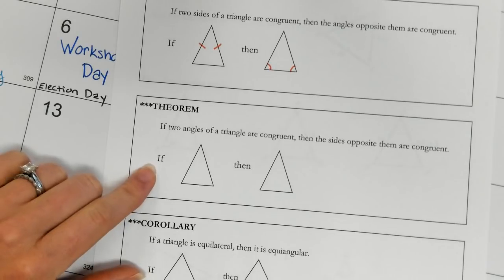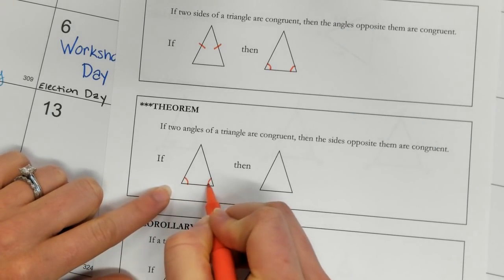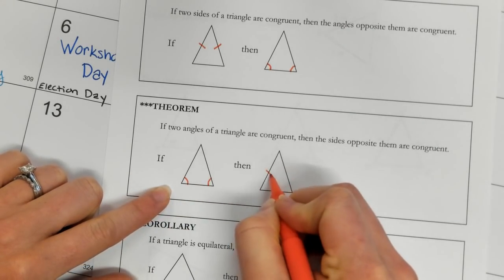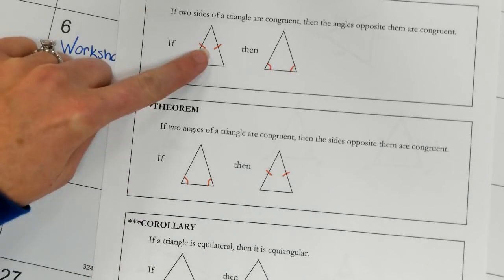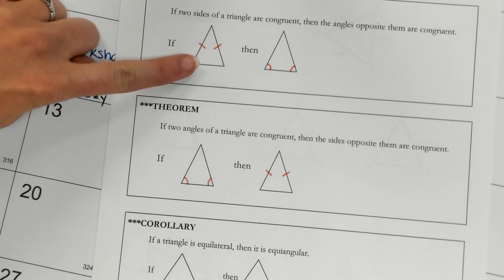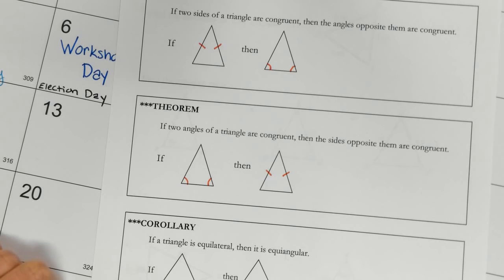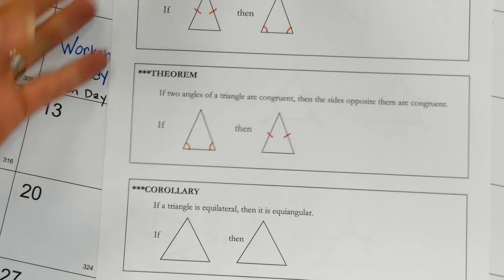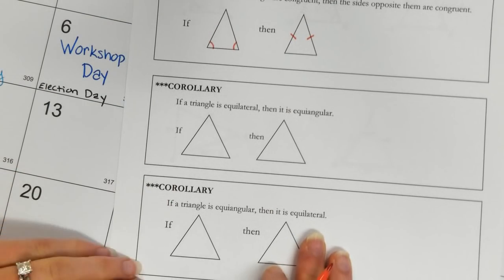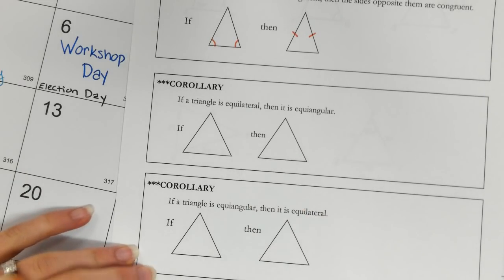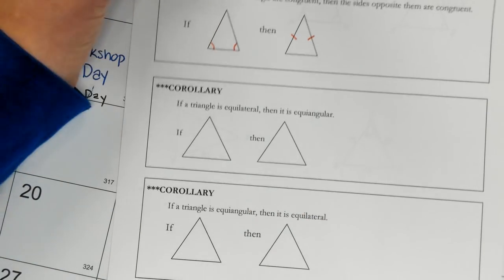If two angles of a triangle are congruent, then the sides opposite them are congruent. This is just the converse of this one. And then we have two more, which is a regular one and a converse again.